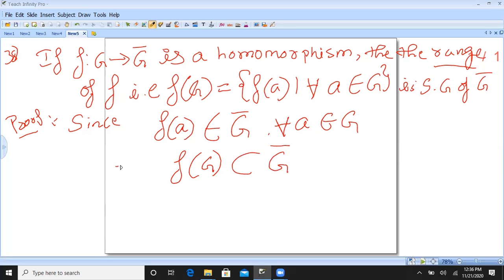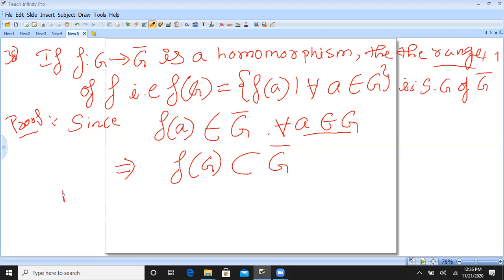Okay, look, f of a belongs to G bar for all a belongs to G. So we can write that f of G is a subset of G bar. It is a subset.